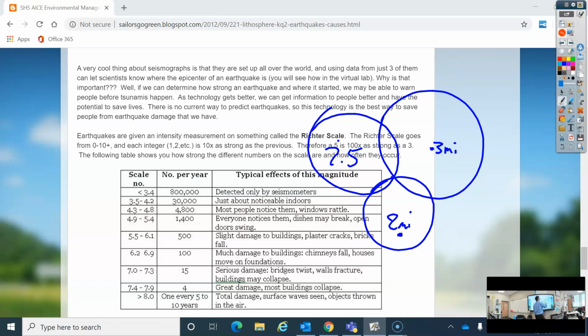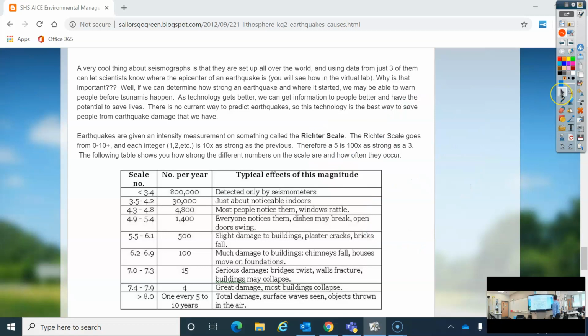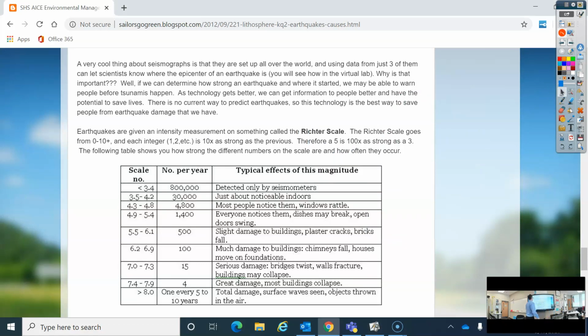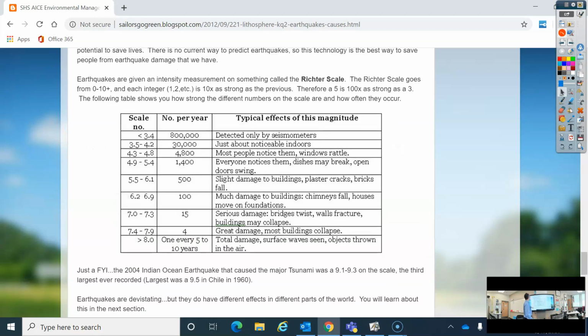This right here where they all meet is probably the epicenter of the earthquake. And so that can let us get aid and relief to those areas as quickly as possible. And now with these stations set up all over the world and digitally connected, we can find that out in an instant.